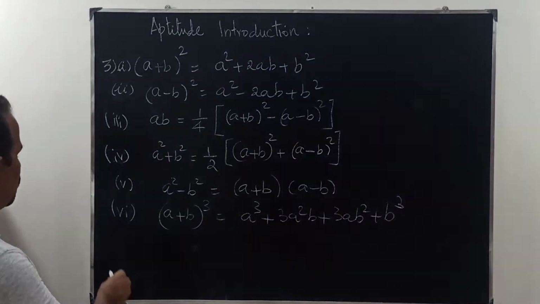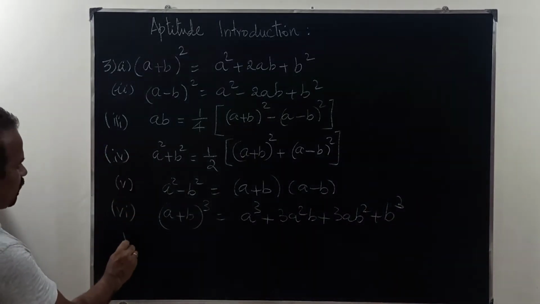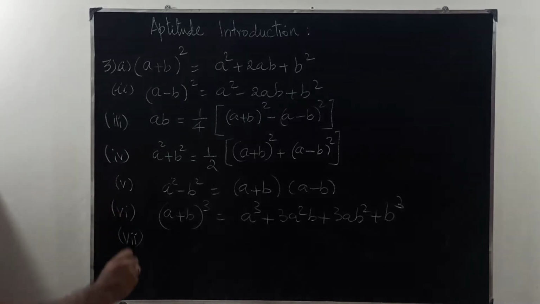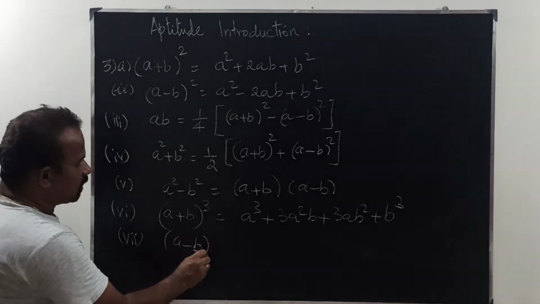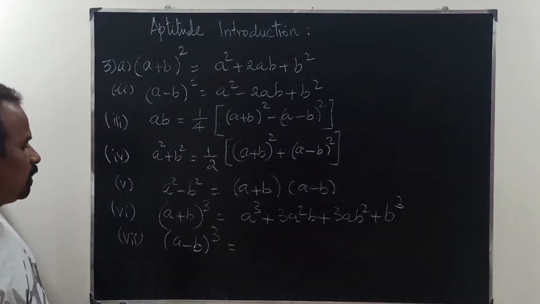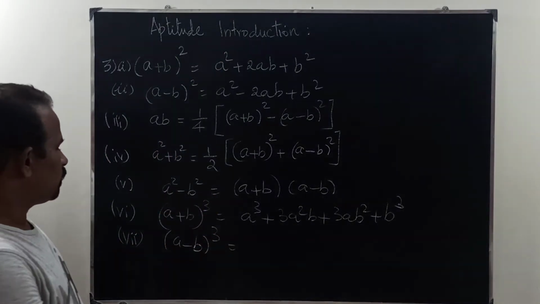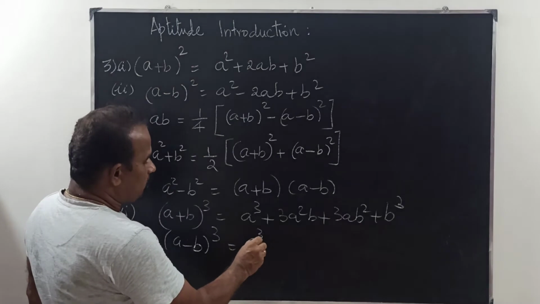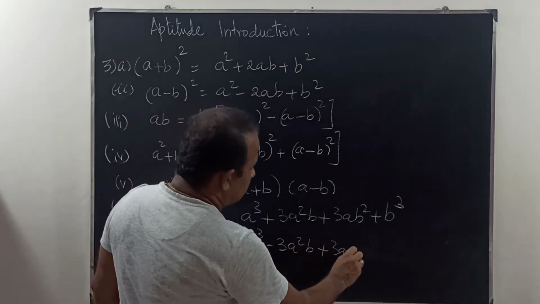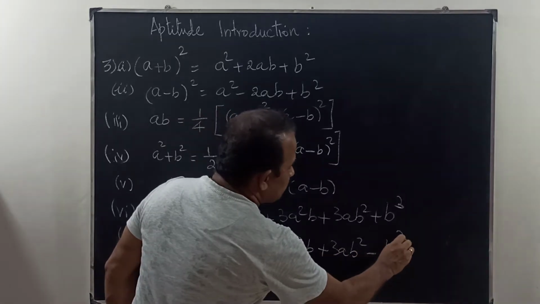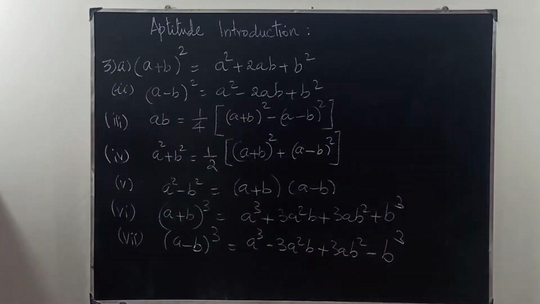Then the seventh, (a minus b) the whole cube is equal to a cube minus 3a squared b plus 3ab square minus b cube.